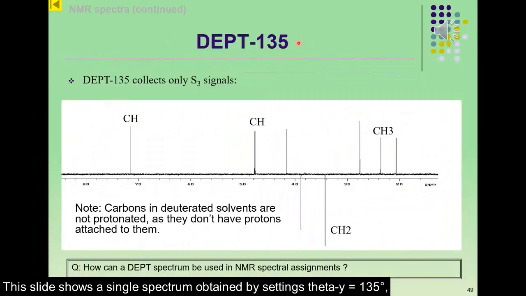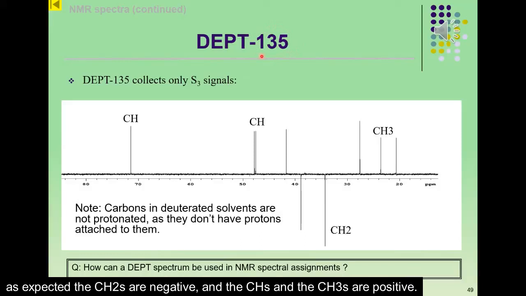This slide shows a single spectrum obtained by setting theta Y equals 135 degrees. As expected, the CH2s are negative. The CHs and the CH3s are positive.